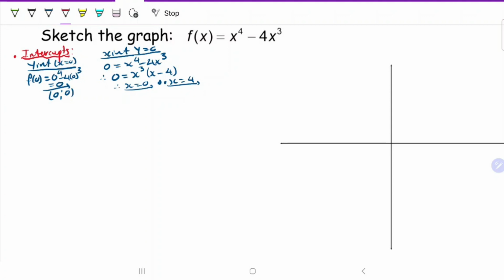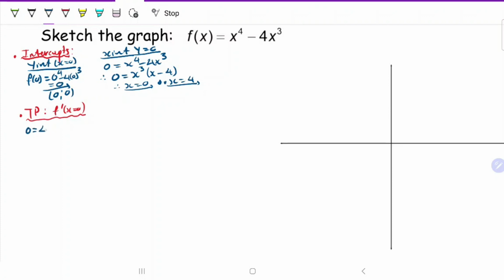The next thing we have to find is our turning points. We know something special happens at our turning point: the first derivative equals 0. So let's find these turning points by taking the derivative.